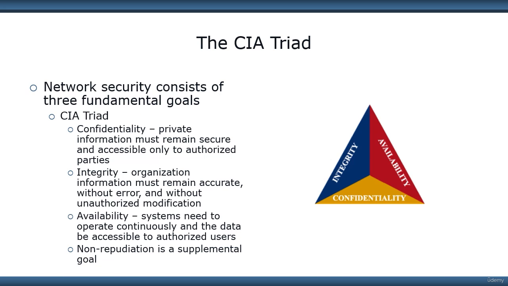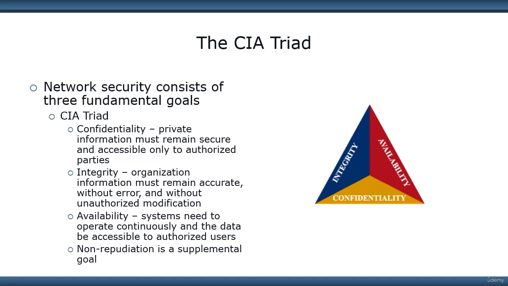Now, sometimes availability is a head scratcher and you're thinking, well, what does that have to do with security? Well, in order for data to be truly secure, it is accessible, just only to authorized people. Well, that implies it needs to be accessible. It needs to be available.